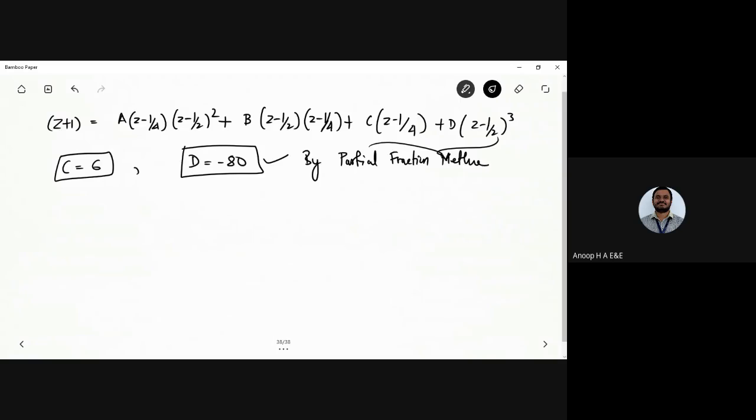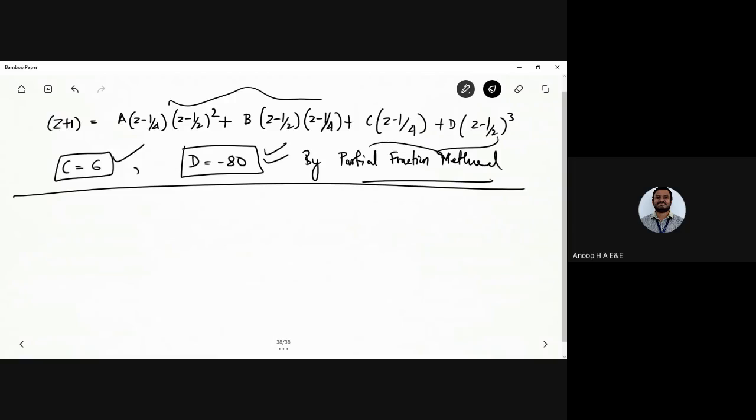Now the main thing is to find the constants A and B. How would I find the value of A and B? The factor (z minus 1/2) is repeated thrice here.